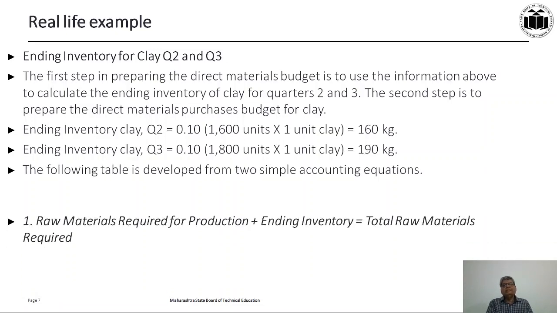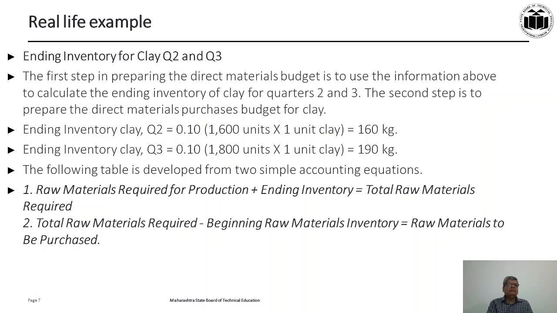Now the following table is developed from two simple accounting equations. The first equation is raw materials required for production plus ending inventory is equal to the total raw material required. And the second equation is total raw material required minus beginning raw material inventory is equal to raw materials to be purchased. So friends, it is very simple.